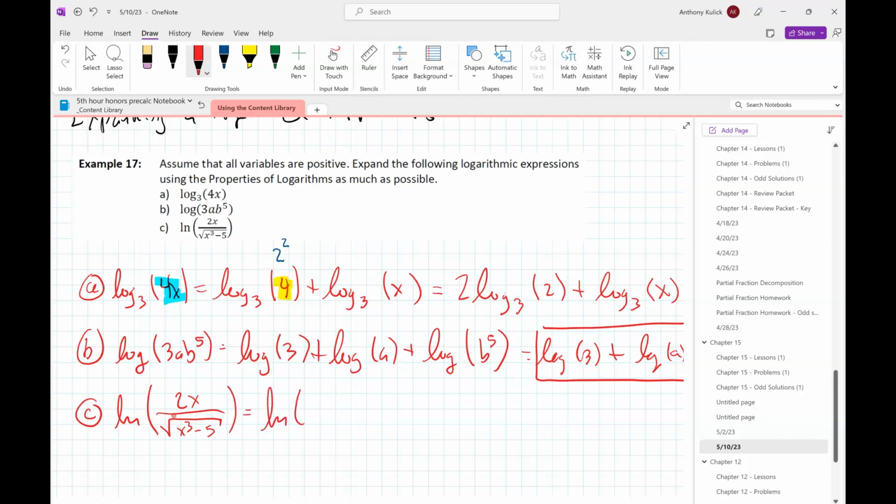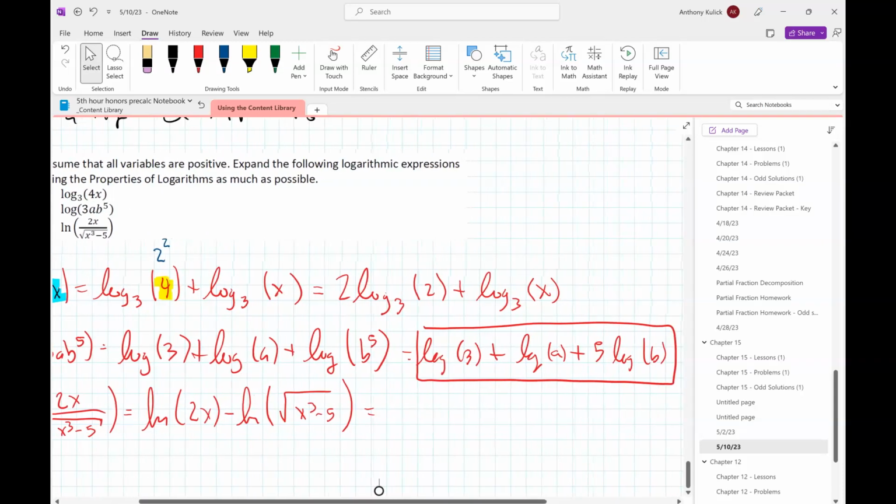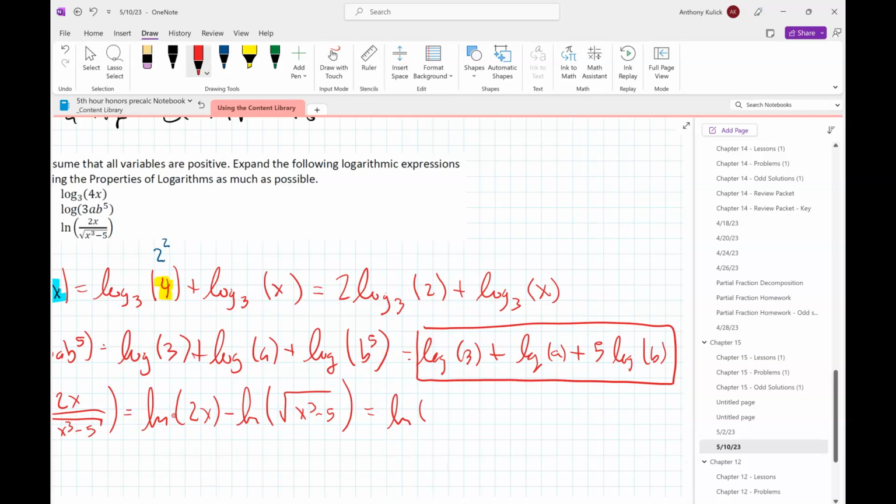So the quotient is log of the numerator minus log of the denominator. So if I look at log of 2x, is there a quotient there? No. Product there? Yes, right? Between the 2 and the x. So I can apply the product property to that.